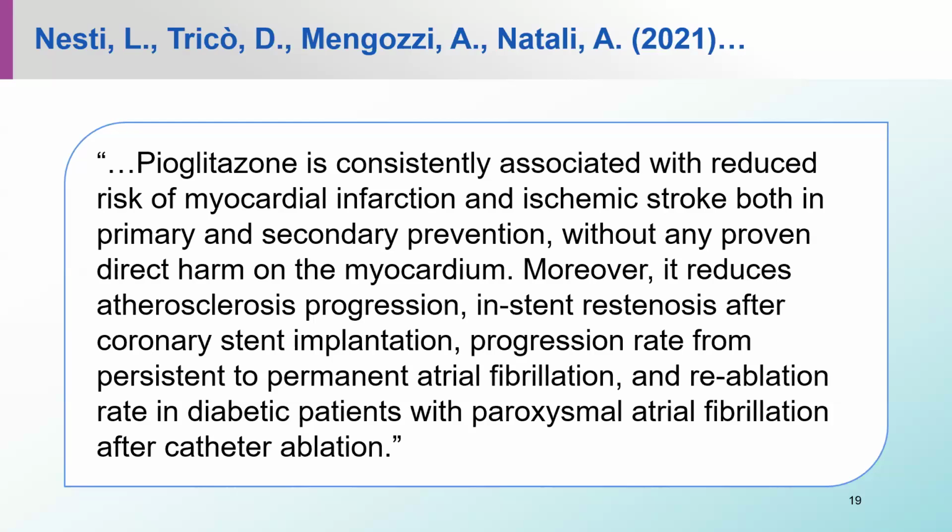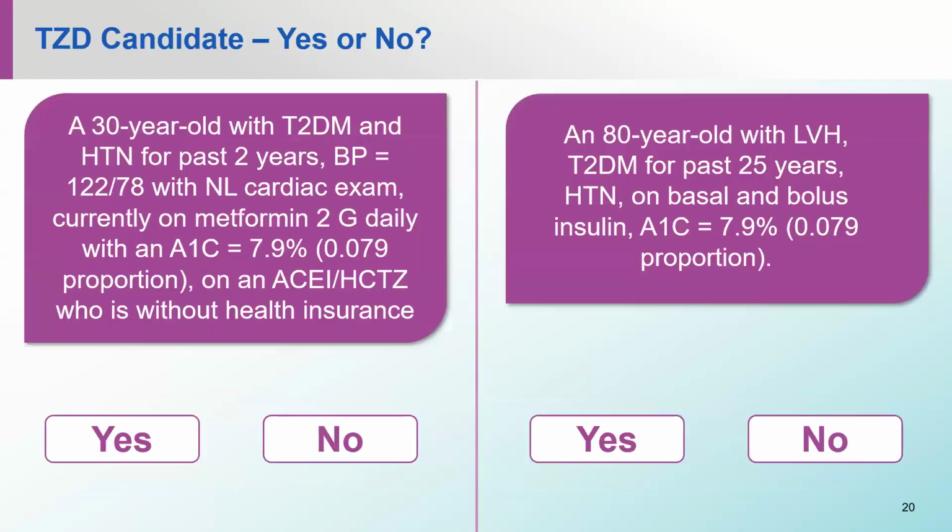Moreover, it reduces atherosclerotic progression, in-stent restenosis after coronary stent implantation, progression to permanent atrial fibrillation, and reablation rate in diabetes patients with paroxysmal atrial fibrillation after catheter ablation. So pretty good to think about it.